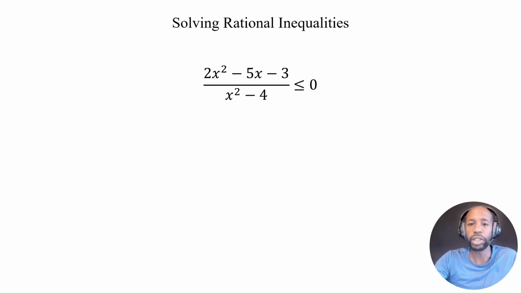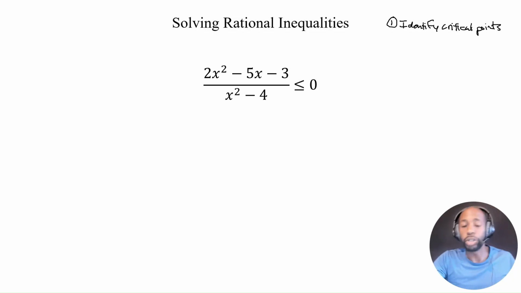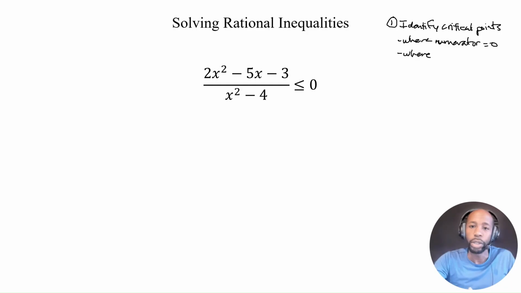Okay? And so the first thing you want to do is identify your critical points. So that's specifically where the numerator is equal to 0, and then where your denominator is equal to 0.